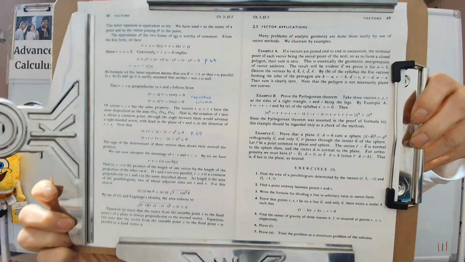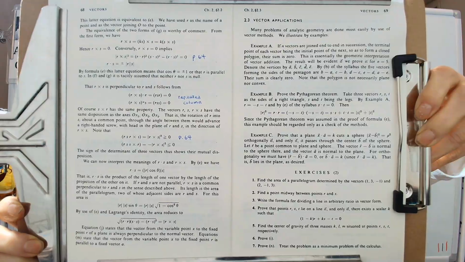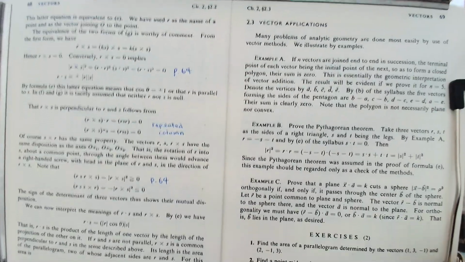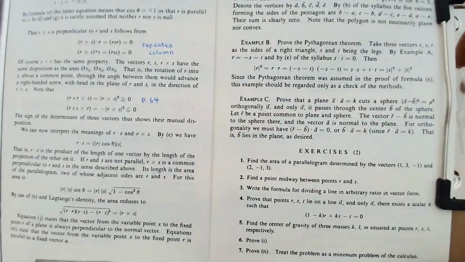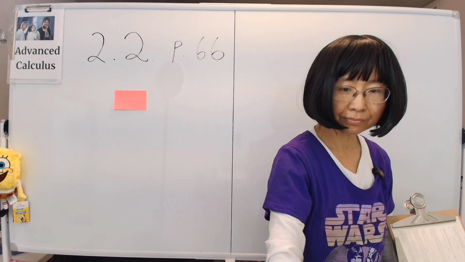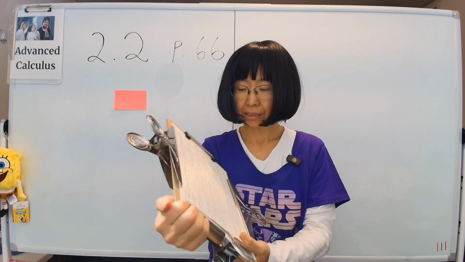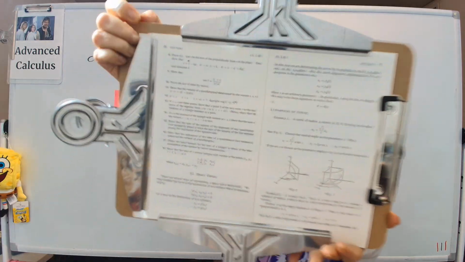Let me see. Let's zoom in a little bit. Okay. And then zoom in a little bit on top. And the bottom. Okay. And finally, the last of the homework page, 70 and 71.